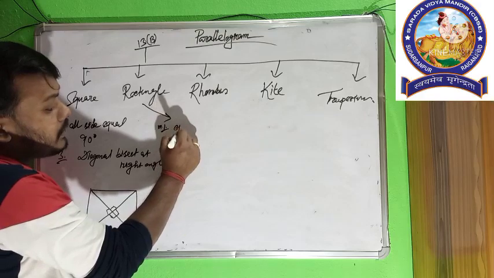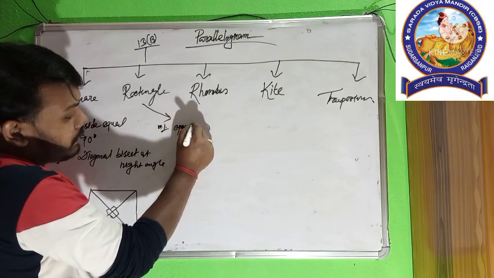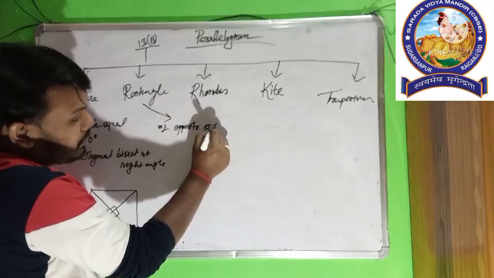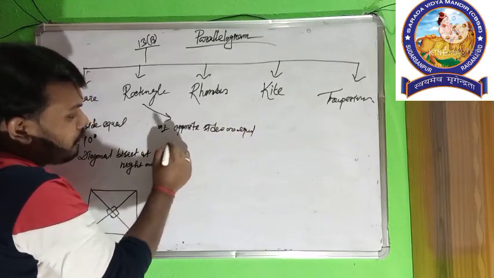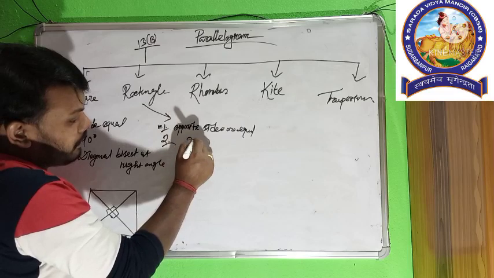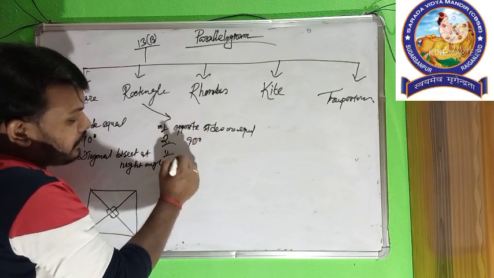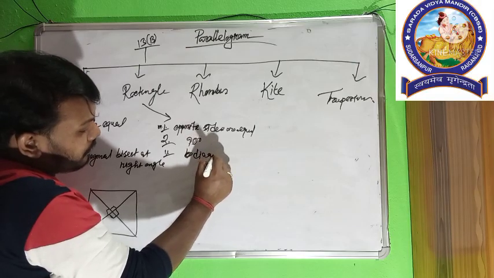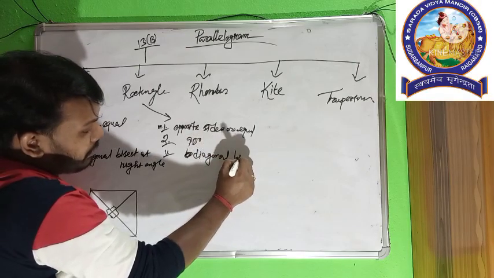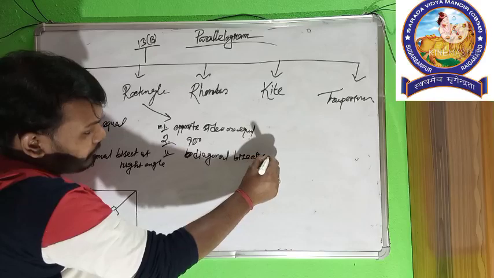And the properties of a rectangle: opposite sides are equal, all angles are 90 degrees, diagonals bisect each other.